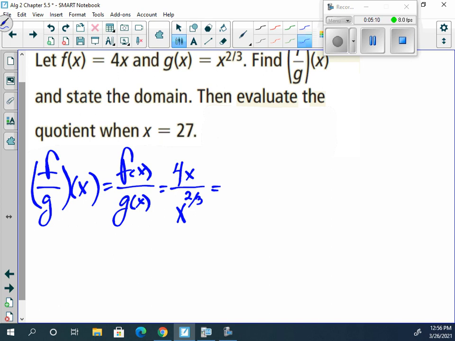So 4x for f of x and x to the 2/3 for g of x. So we'll divide our numbers if we need to. So here it would just be 4, because 4 over 1 is going to give us 4. Now our variables, since we have like bases, we're going to subtract the exponents. It's going to be 1 minus 2/3. And well, 1 minus 2/3 is going to give us 1/3.